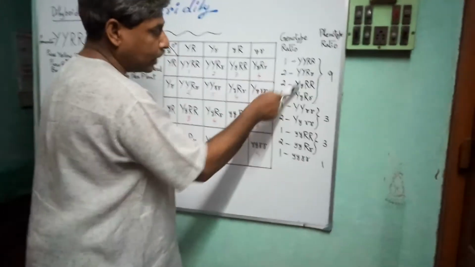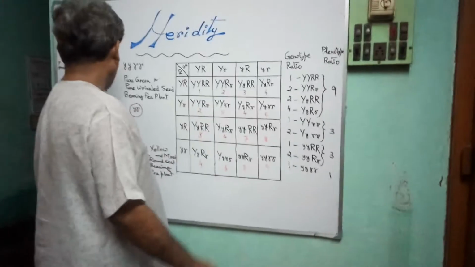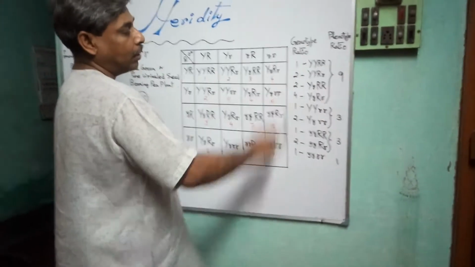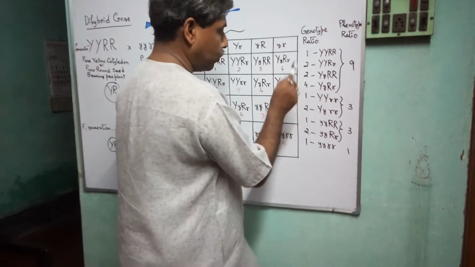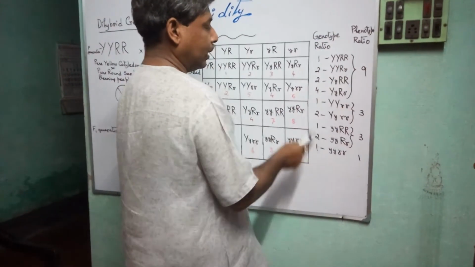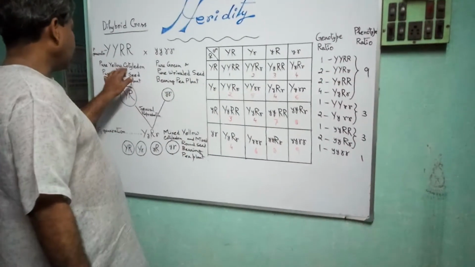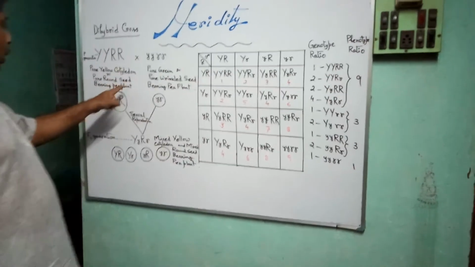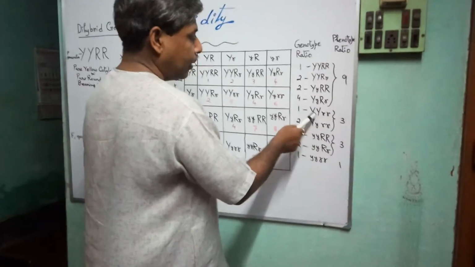So all these 4 are yellow cotyledon and round seed bearing pea plants. So we have to add these 4. That makes 9. So the number of yellow cotyledon and round seed bearing pea plants will be 9.